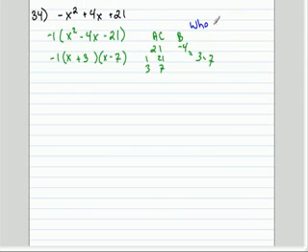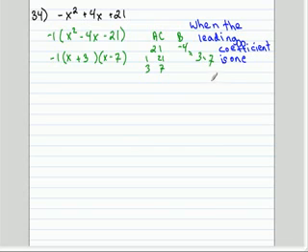When the leading coefficient is 1, small AC.